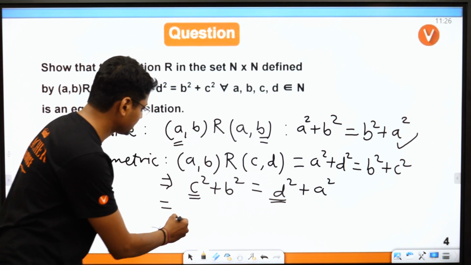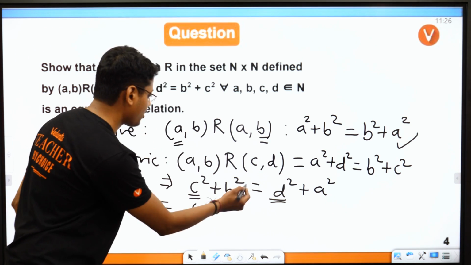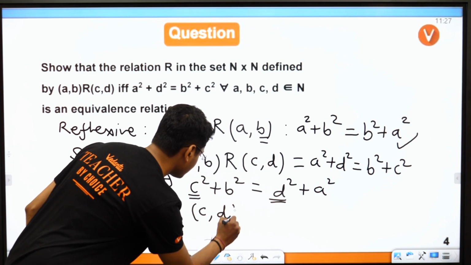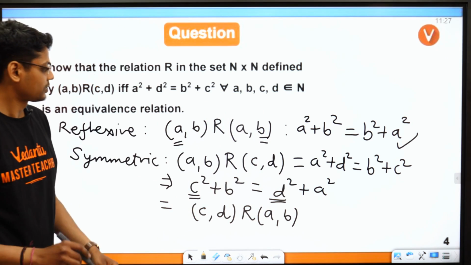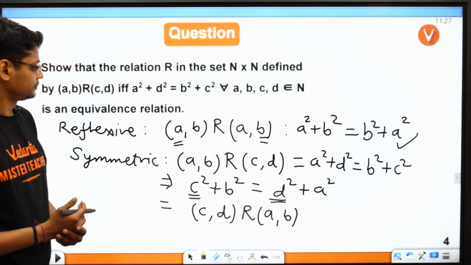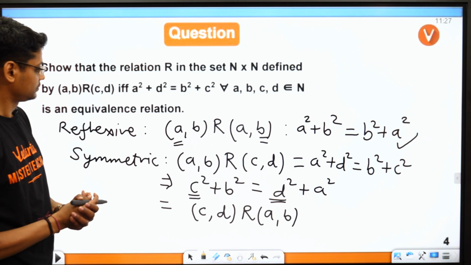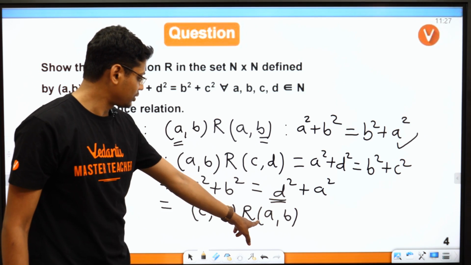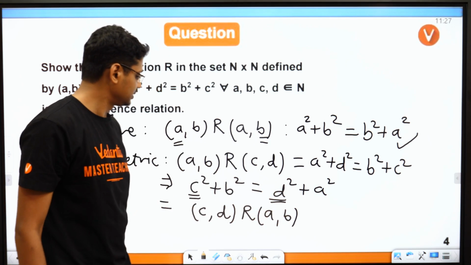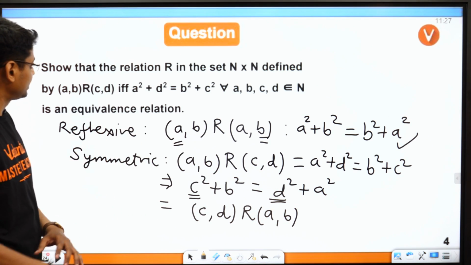So this becomes (c, d) related to (a, b). So a² + d² equal to b² + c². That's it.